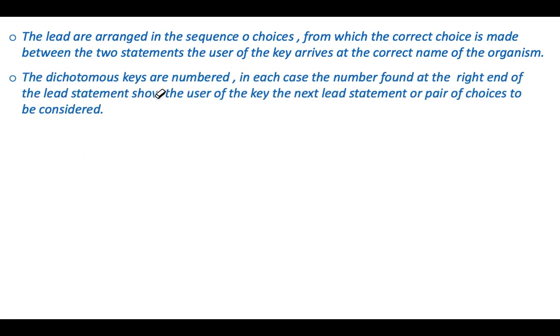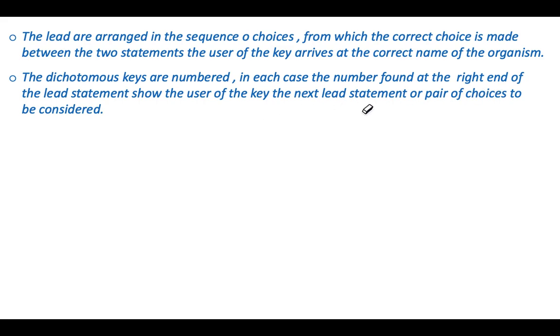The dichotomous key statements are numbered. In each case, the number found at the end of the lead statement shows the user of the key the next lead statement or pair of choices to be considered. So we have some numbers at the right end, and we have to know what the numbers at the end mean.